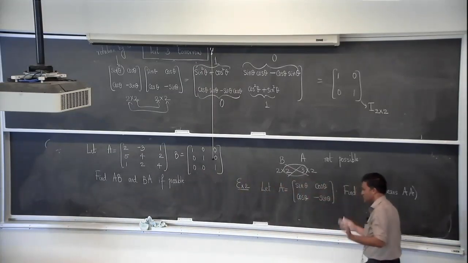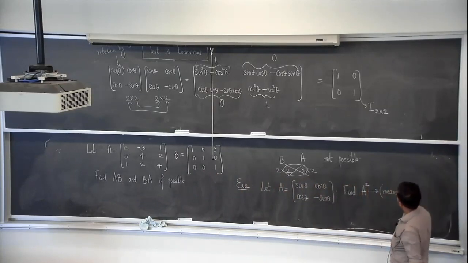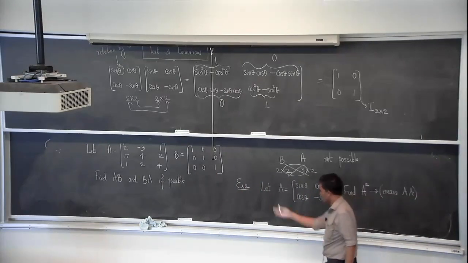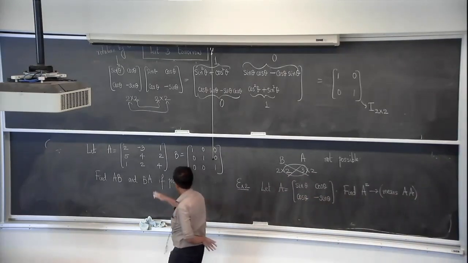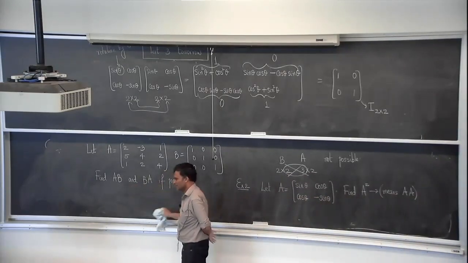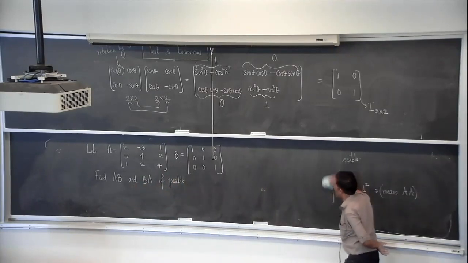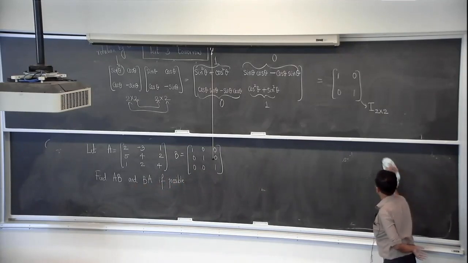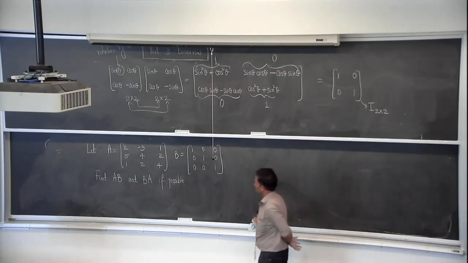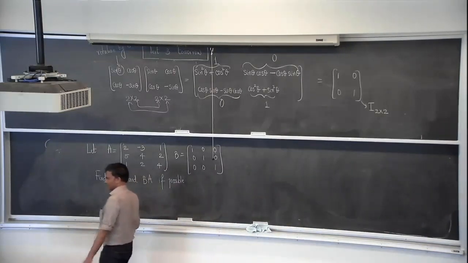If you've never seen this before, and if you're trying to unravel this mystery about why this matrix is so important, maybe this example will help you. So find the product A times B and B times A. Both are compatible.